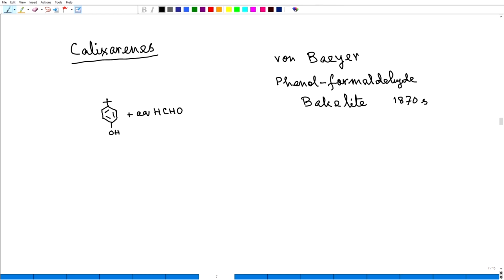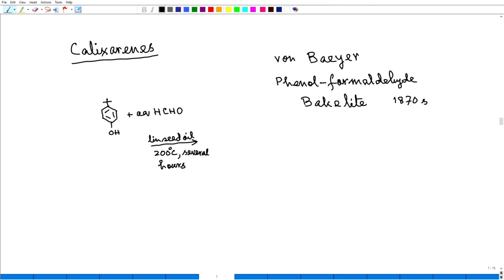It can react with linseed oil. Why linseed oil? Because we can achieve high temperature, 200 degrees. So, reflux para substituted phenol with aqueous formaldehyde for several hours, sometimes days also.